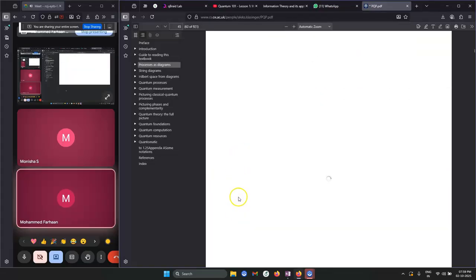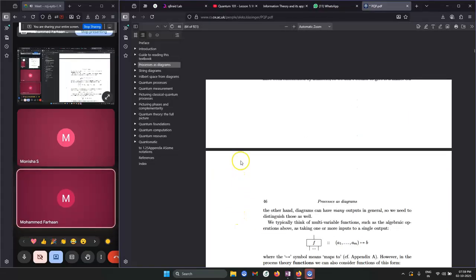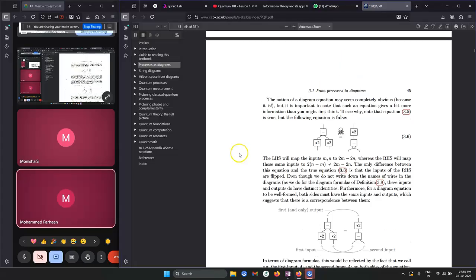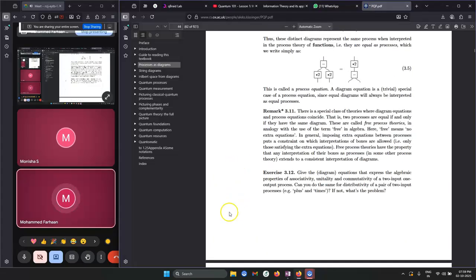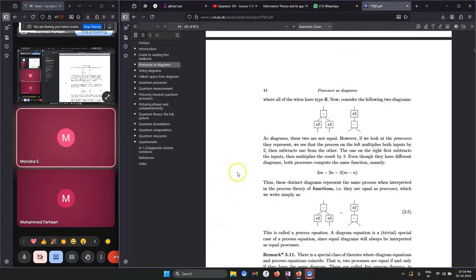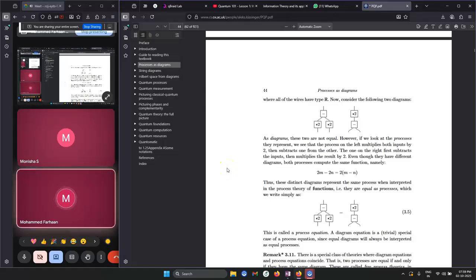Process equations are quite long, because given two processes, it's not always obvious how to say two processes are equal. If I had two functions, it's somewhat tangible to think that if two functions have the exact same formula, then I can clearly conclude that they're the same function or the same process, or the same diagram. However, say you have two programs.